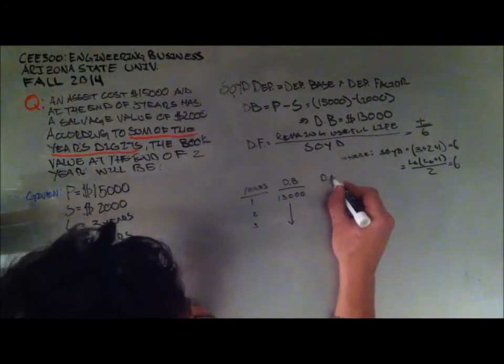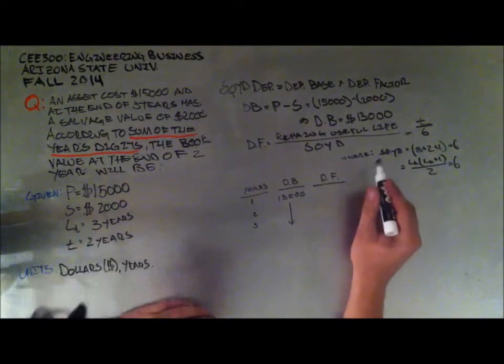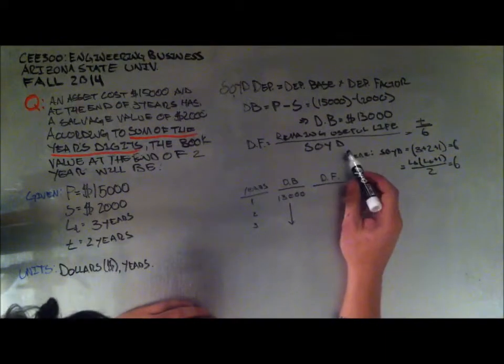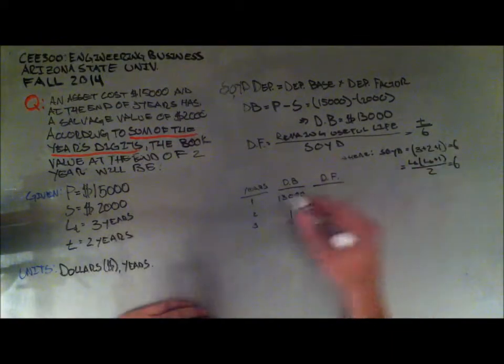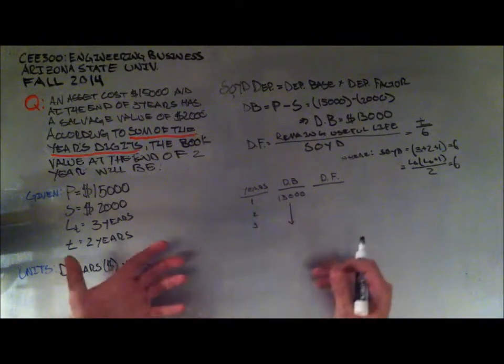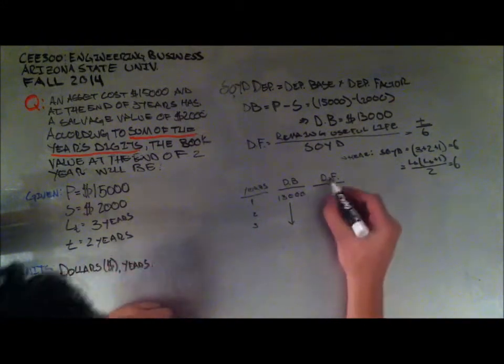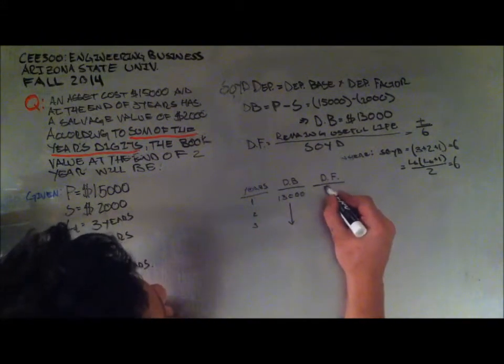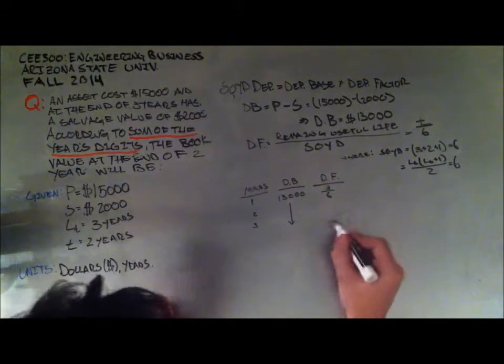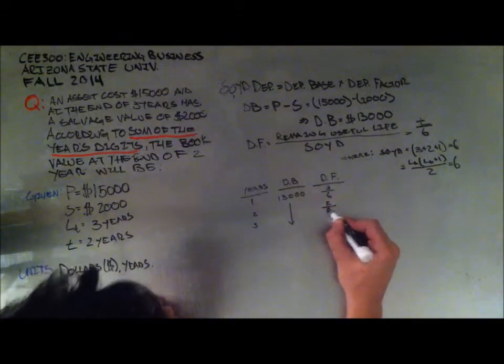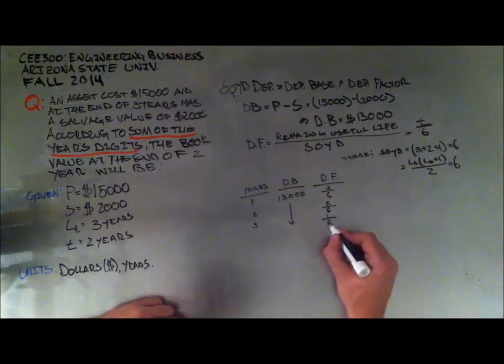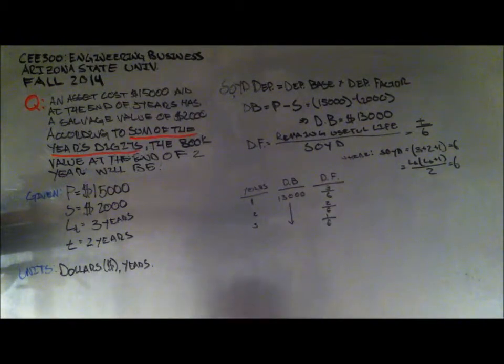Our depreciable factor, which again is the remaining useful life over the sum of the year's digits, which is equal to 6. And for example, in year 1, there's 3 remaining years of useful life, so therefore the depreciable factor will be 3 over 6. Year 2, 2 remaining years, 2 over 6. And year 3, 1 remaining year, 1 over 6.